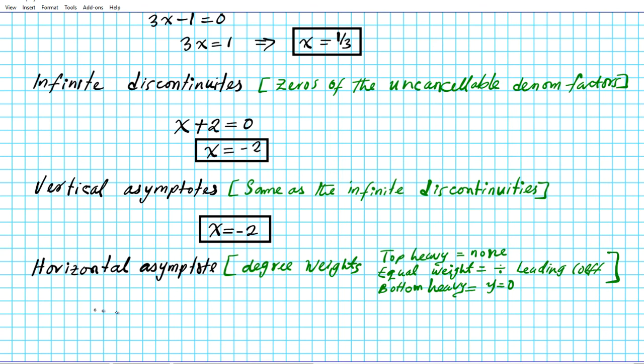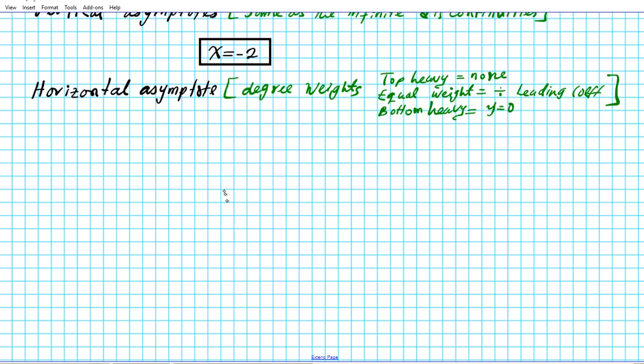Okay, so let's go ahead and rewrite the function that we're working with here. Let's change the color. Our function is f of x equals 2x plus 1 times 3x minus 1, divided by 3x minus 1 times x plus 2.